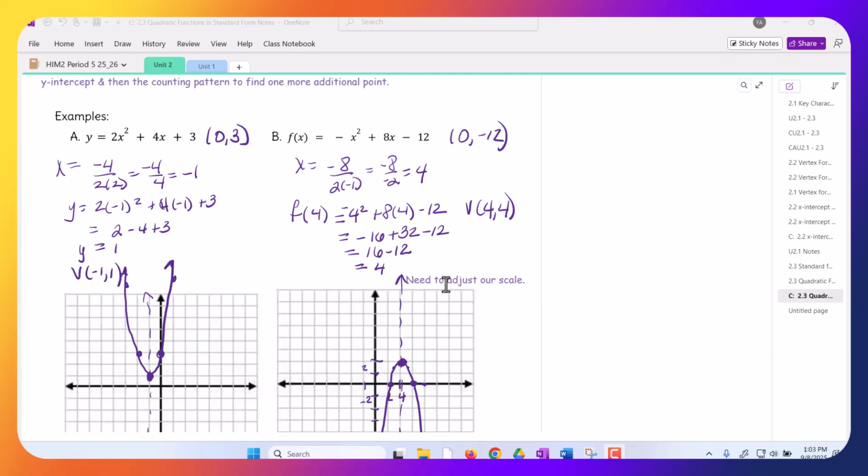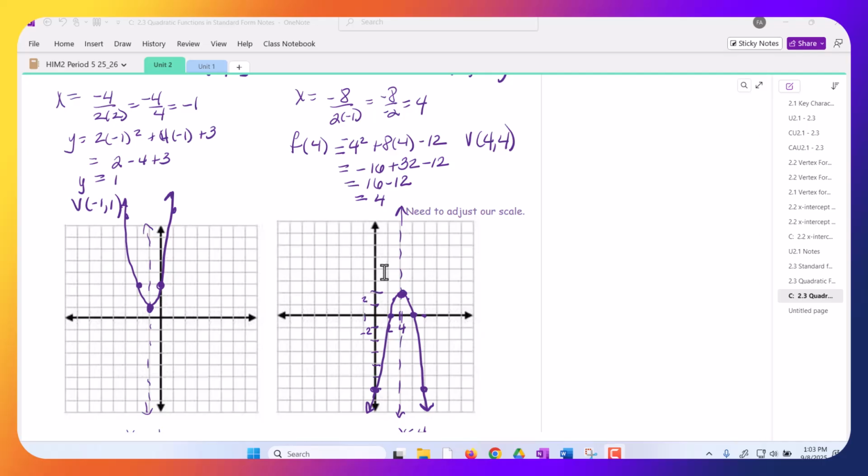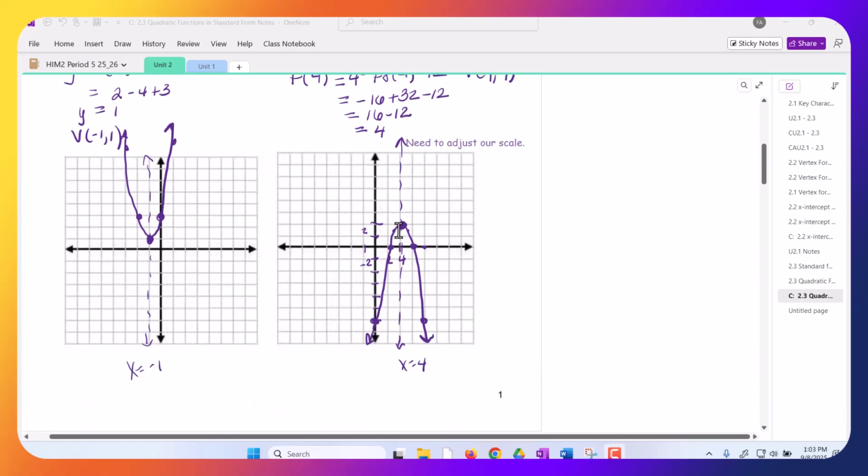Now here when we graph, we need to adjust our scale. So we're going to have each one of these tick marks represent 2 units instead of 1. So now I need blue. Here's my axis of symmetry at x equals 4. Now I'm going to substitute a 4 in where I see an x, crunch the numbers, and I get a +4. So my vertex is at (4, 4).